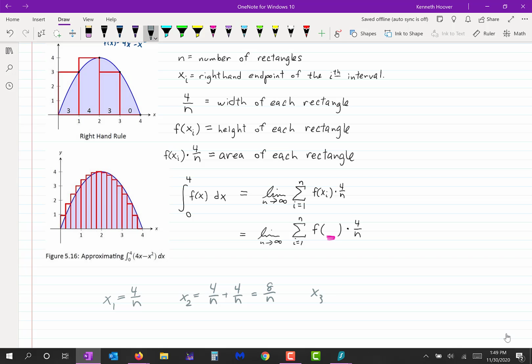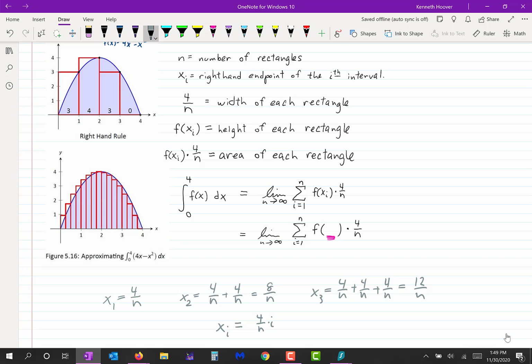The third one would be 4 over n plus 4 over n plus another 4 over n, which is 12 over n. Do you see a pattern there? Don't you agree that the ith rectangle stops when you get to 4 over n times i, right? So x sub i is 4 over n times i.